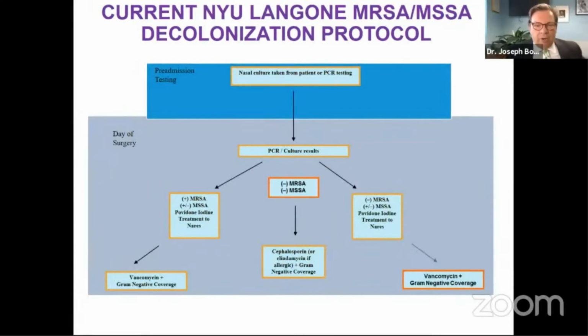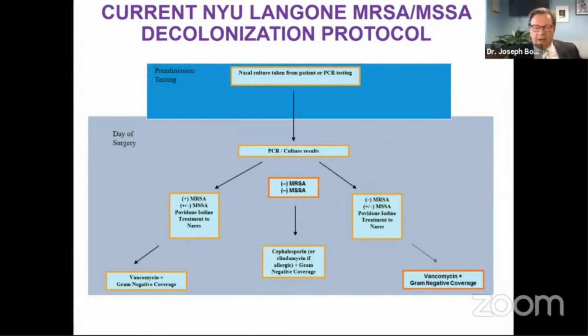We culture all our patients, every single one, and whether they are positive or not, they still get povidone iodine, because logistically it's very difficult to culture a patient, figure out what their culture is, and then give them the iodine or the Mupirocin. So we give everyone povidone iodine. It's very safe.